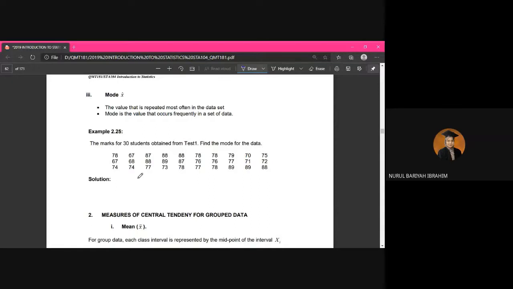So what do you think? So number 78. 78, how many we have? 1, 2, 3, 4. 78. Okay, 67. I think we have 1. And then 87. I think we have 1, 2.